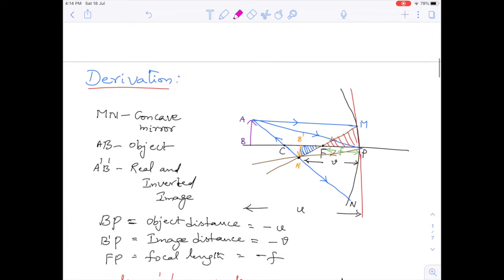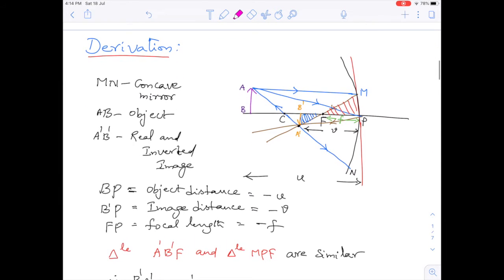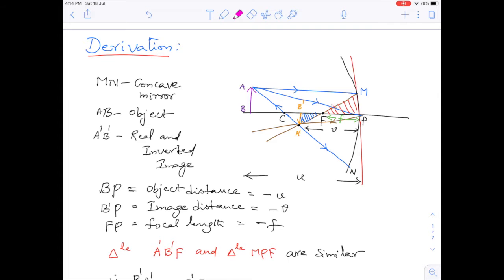For that, let us look at this picture that I have drawn. I already discussed this in one of my previous videos. AB is the object and A dash B dash is the image formed. This image is formed in front of the mirror, on the same side as the object and below the principal axis.